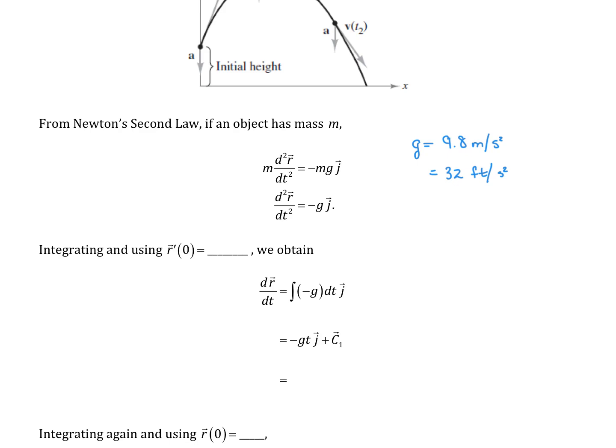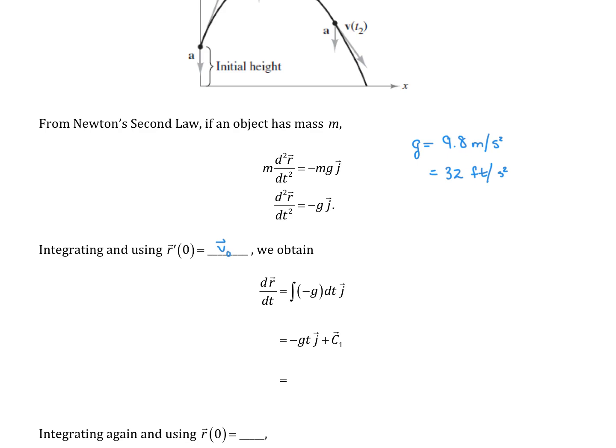So if we divide both sides by m, we get the acceleration is equal to negative g in the vertical direction. And we've already said that v naught is the initial velocity.